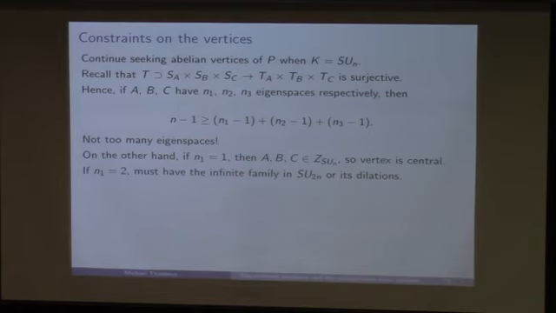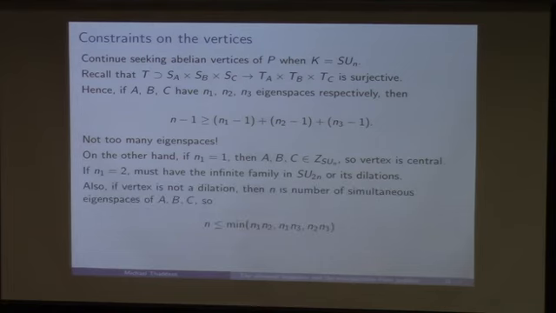More generally, if you see a dilation, you can take it away and you go back down to a group of lower rank. And if a vertex is not a dilation, then n is exactly the number of simultaneous eigenspaces of A, B, and C, right? That means that every simultaneous eigenspace is one-dimensional.